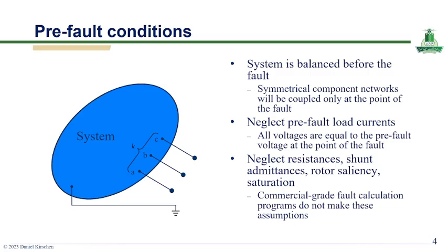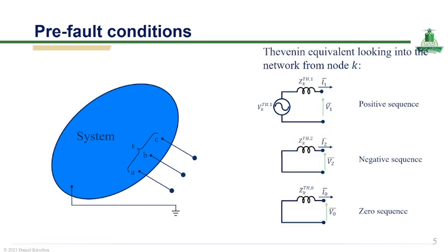While these assumptions are useful for theoretical studies and hand calculations, it is important to note that commercial-grade fault analysis software typically includes these effects to achieve more accurate and realistic results.